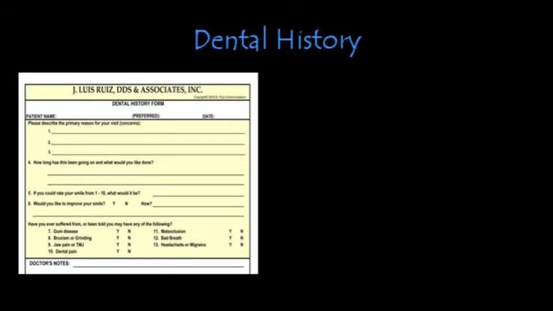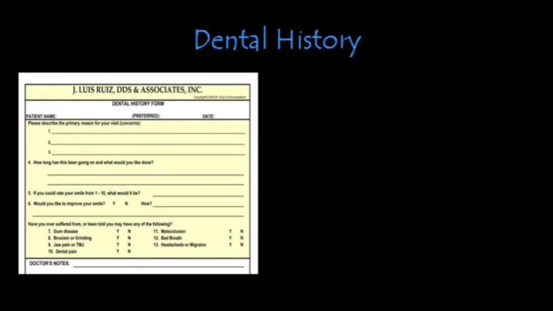That is another clue that allows us to ask further questions and get to know if the patient already understands some of their problems. Another question is, do you have migraines and headaches? That could also give us an opportunity to learn more about our patients' knowledge about their occlusion.